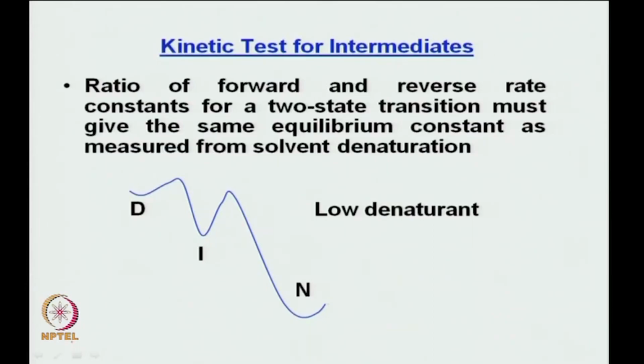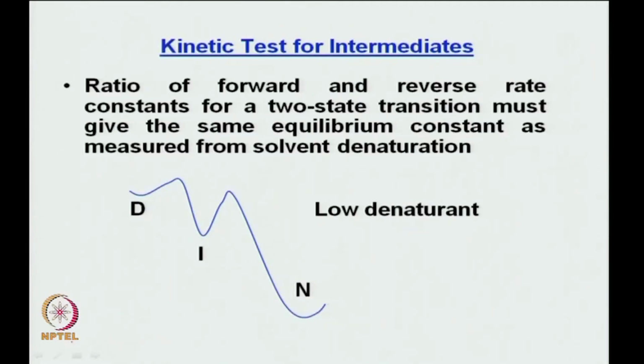Okay. And remember, the topic of this slide is how you would know whether it is an absolutely two state transition or whether you have intermediacy coming in, that means there are some other intermediates coming in.